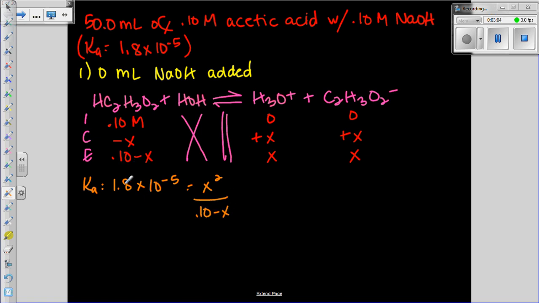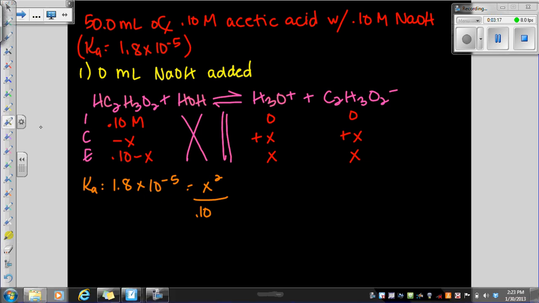If I do Ka times 100, it is much less than the initial concentration, so I can approximate. I'd write a note here, approximate, because Ka times 100 is much less than the initial concentration.